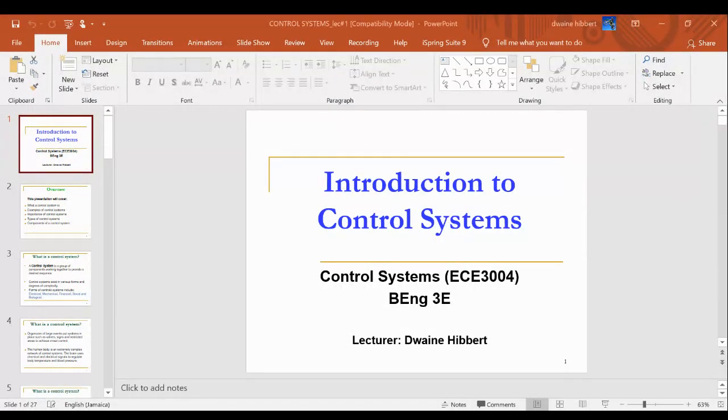The question could be asked, what is a control system? The simplest definition that I could present would be this one. A control system is a group of components working together to provide a desired response.